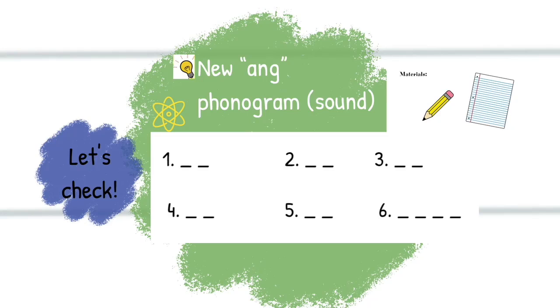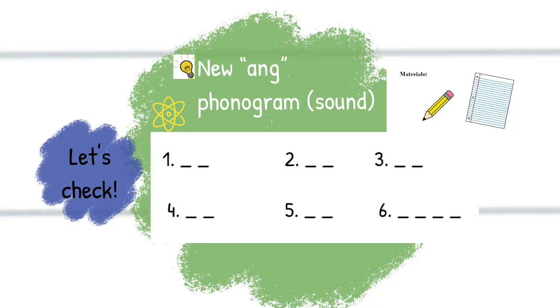Now, when school starts, or you're doing your homework and you don't want to distract anybody by saying these sounds out loud, you just whisper them or think about them in your head very quietly. Number 5, fang. Number 6, sprang.